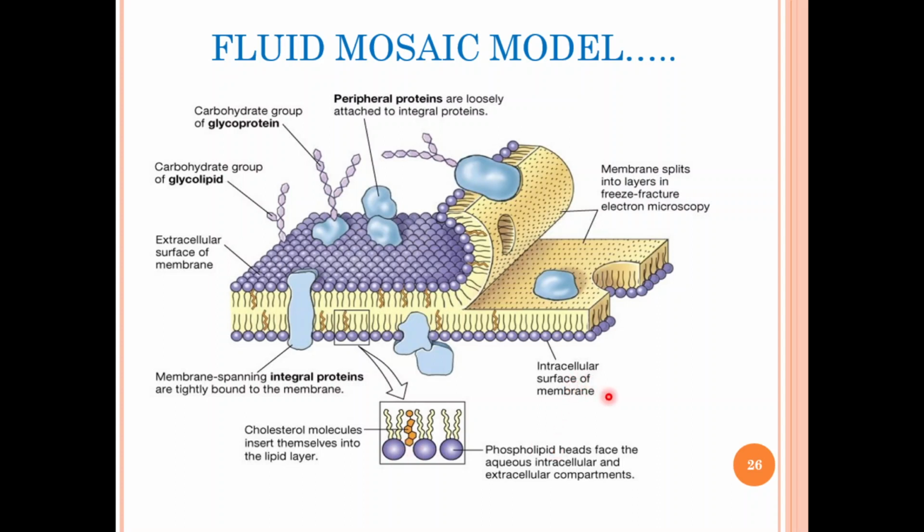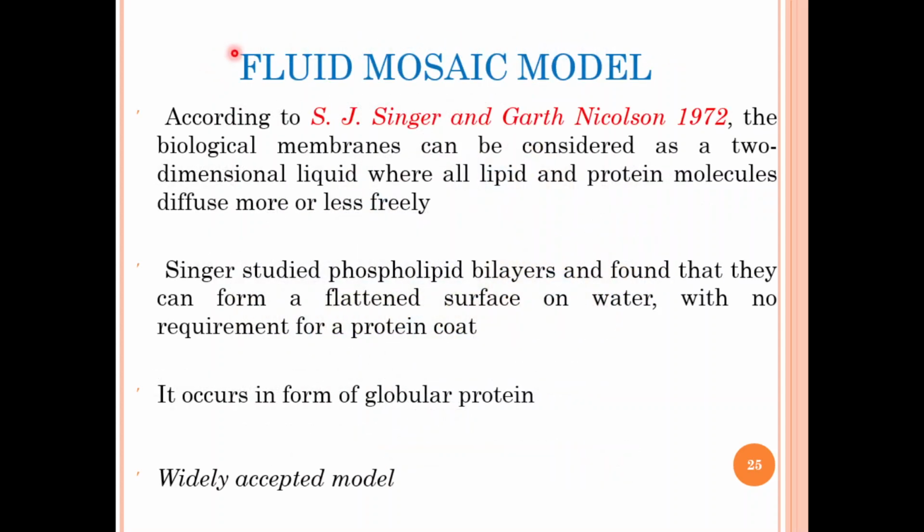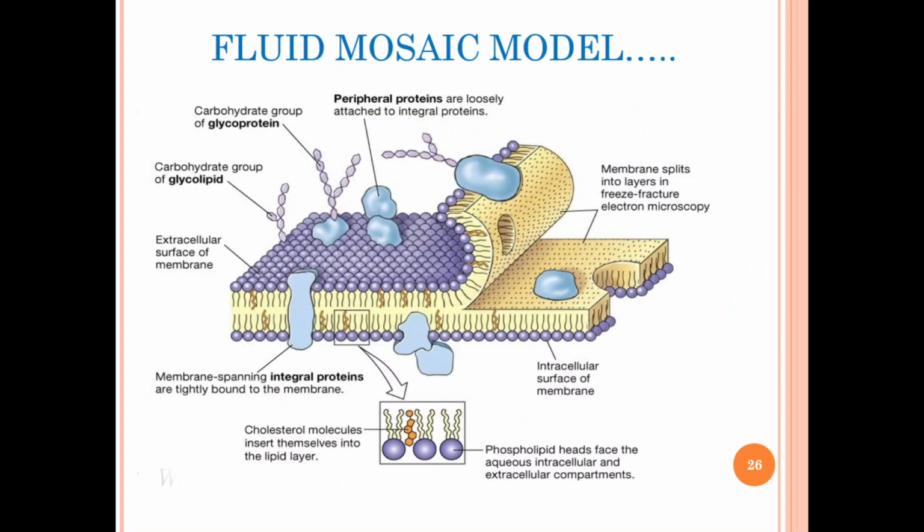Intracellular surface of membrane. Then the membrane splits into layers in freeze-fracture electron microscopy. So this is all about the fluid mosaic model, which was invented by Singer and Nicholson in 1972.